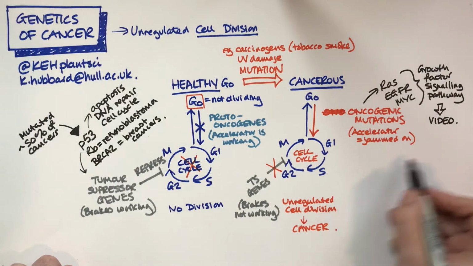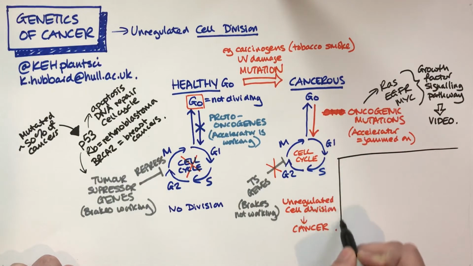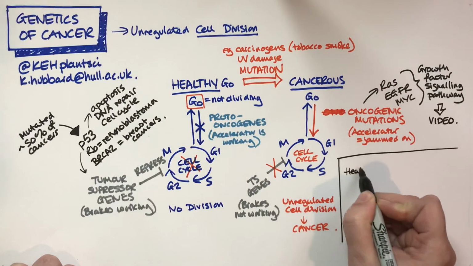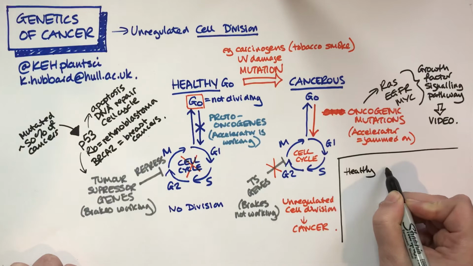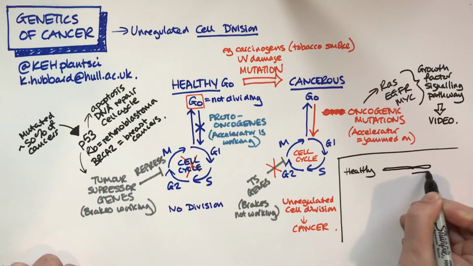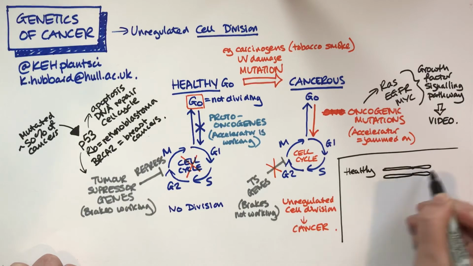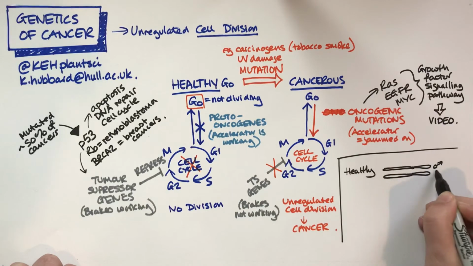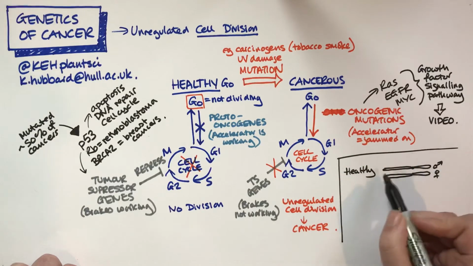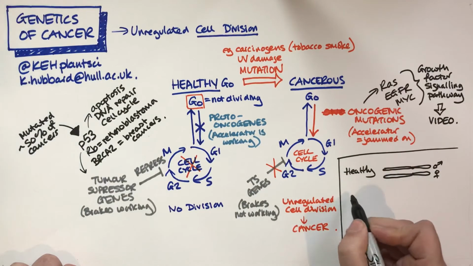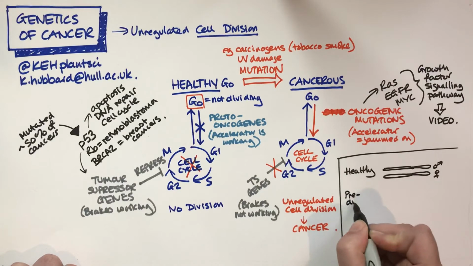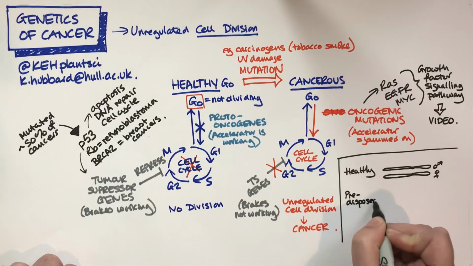So if we think about having some chromosomes over here, in your healthy version you've got your chromosome from your dad, chromosome from your mum. The healthy version would be that neither copy is mutated. We could have someone who is predisposed to developing cancer.